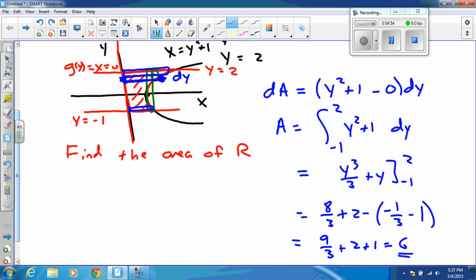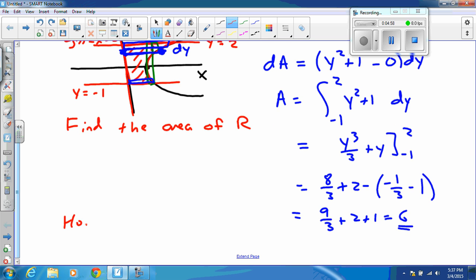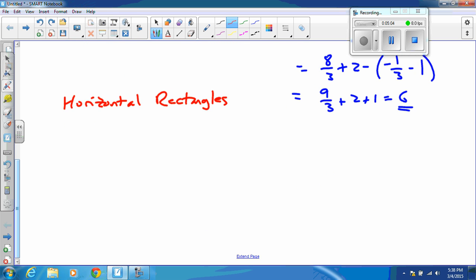So the basic technique for horizontal rectangles then is sketch as we had before.